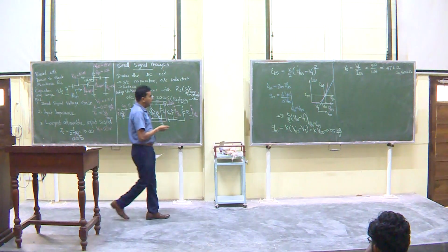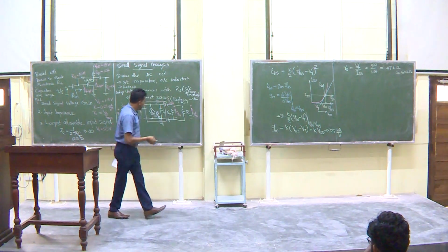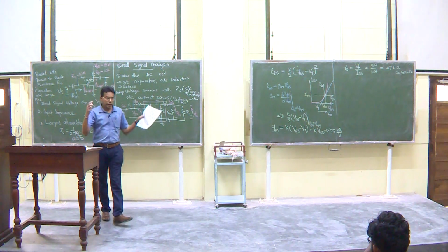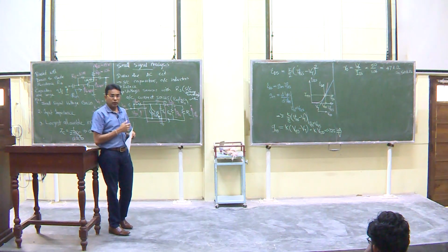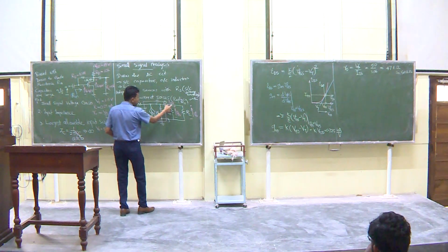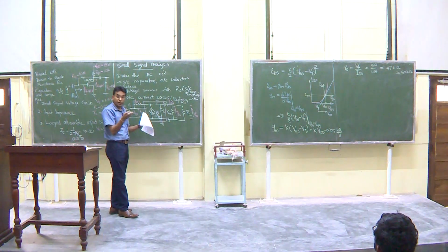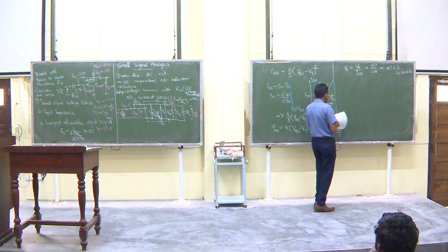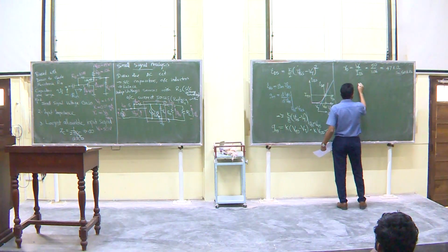So let us observe that all three resistors here are in parallel. So we can lump them together in a single resistor, right? So here this is between drain and source. So we can put them together. So we can redraw this circuit like this.